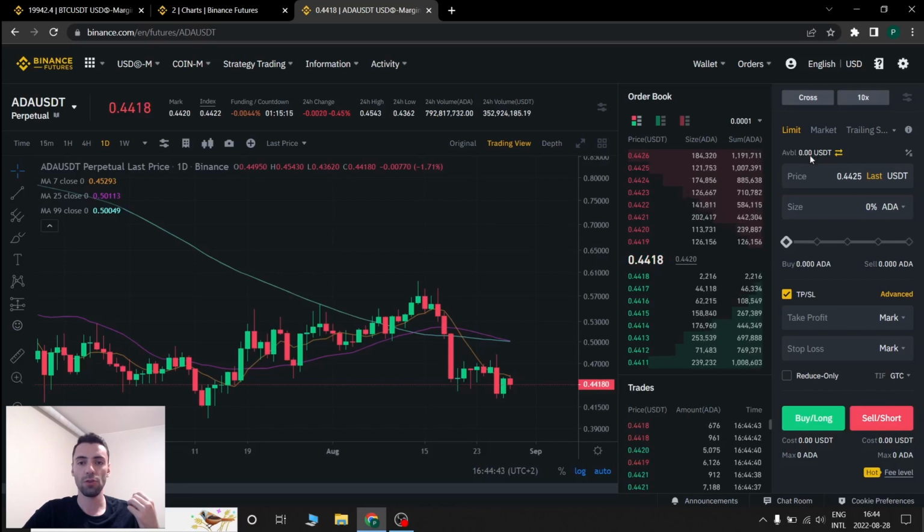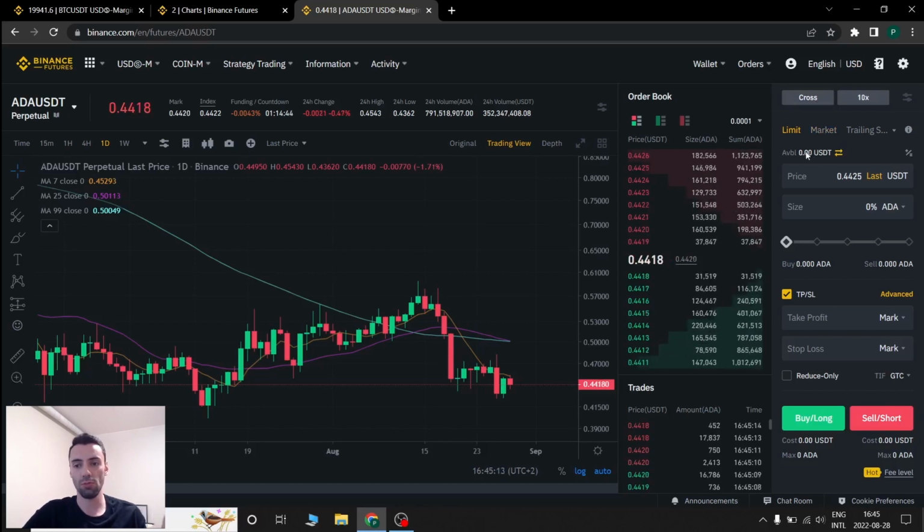For example, if you put $10 in your position, and if it's on cross, not only your $10 is gonna be involved in that loss, but also all your money which is in your future wallet, not spot wallet, is going to be involved, and Binance is gonna reduce from the money that you have in your future wallet if it's in cross, until it's going to be 0, for example, like this.